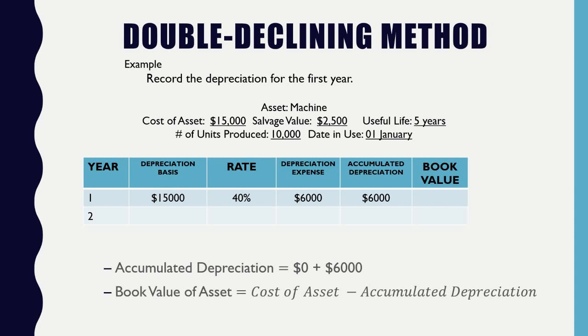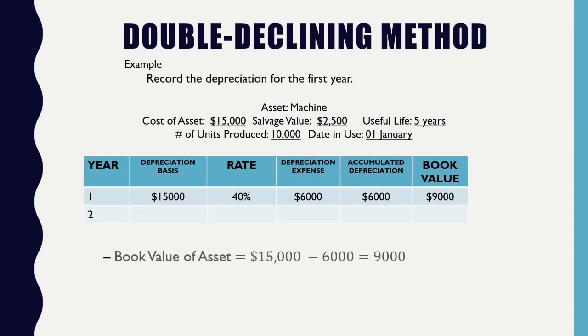And we've got to solve for book value, which is the 15,000 minus the 6,000, leaving 9,000. So at the end of the year, my book value is $9,000, because we took the 15,000 minus the accumulated depreciation.